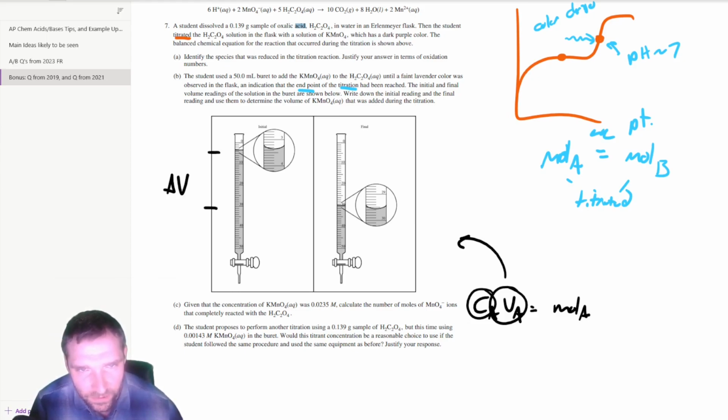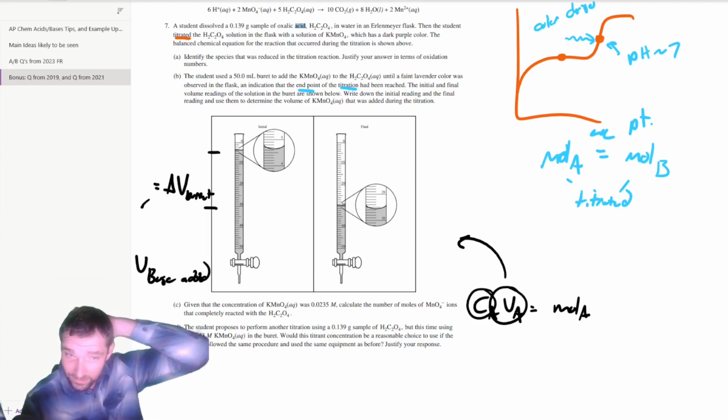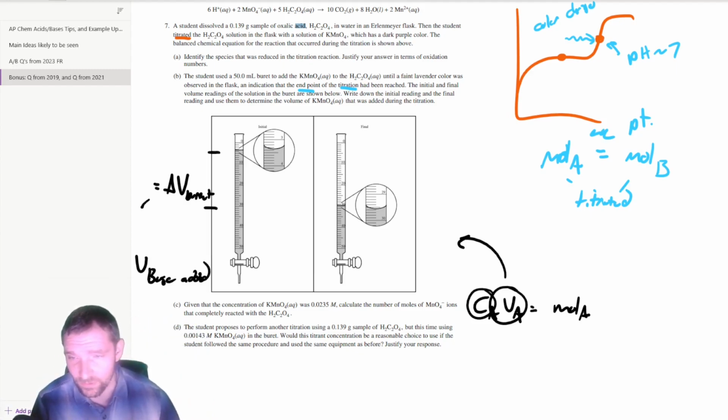So this is a change in volume in the burette, which is going to be equal to the volume of the base added. I believe it's the base. It could be the acid that's added here. In any case, there's some sort of concentration and volume to moles relationship here.